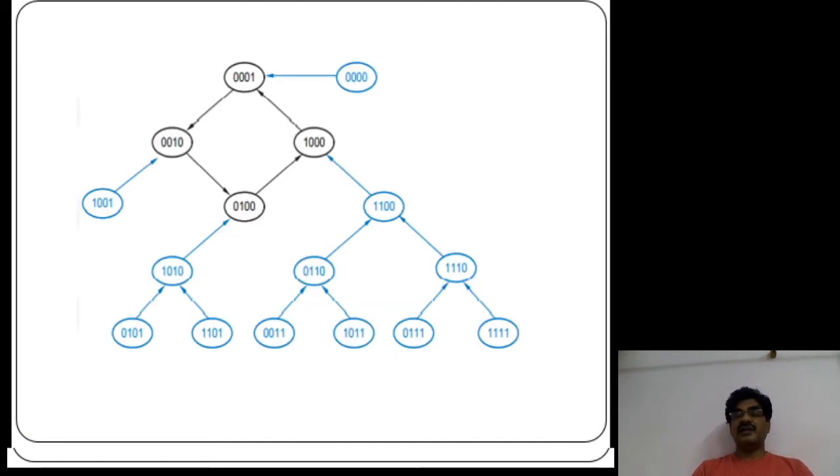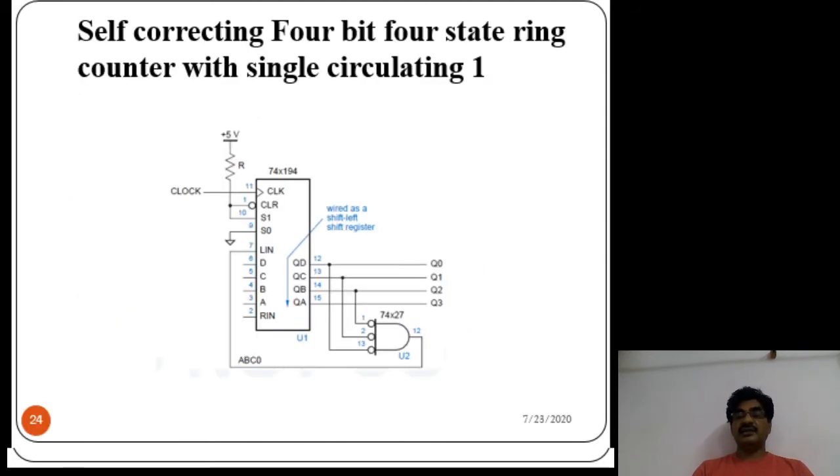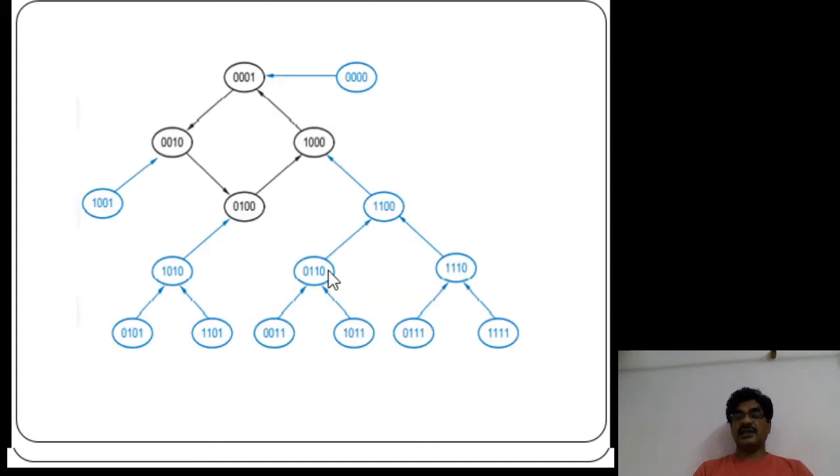Suppose in the ring counter, it has to maintain these 4 states only, 1, 2, 4, 8. If because of any error the state is all zeros, the 3 LSB bits are applied as input to the bubbled AND gate, so it changes the state to 0 0 0 1.